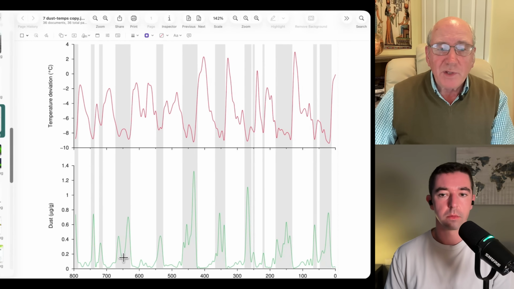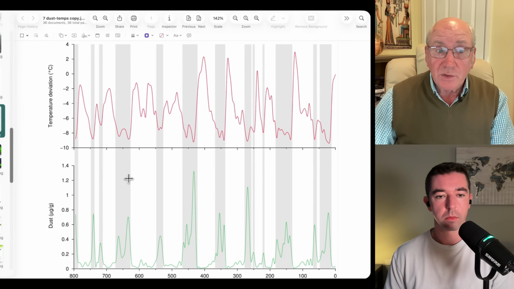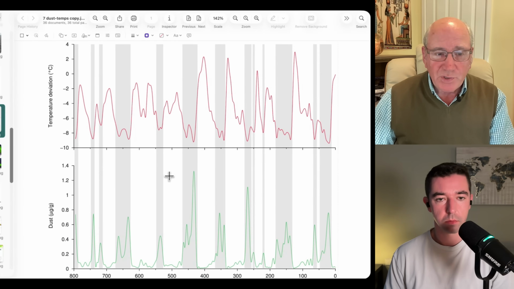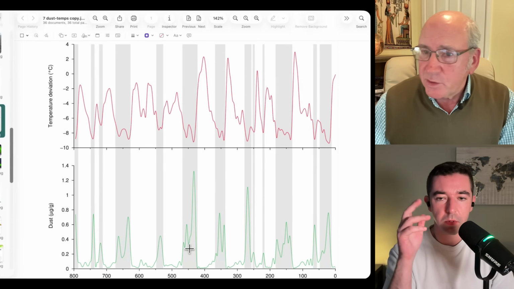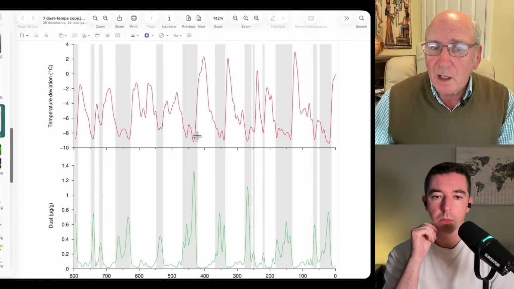And what you see is every time we get high dust, we suddenly get warming. So every interglacial is preceded by high dust. So high dust, and we suddenly get an interglacial. High dust, interglacial. But we only get the dust when we get low temperatures.